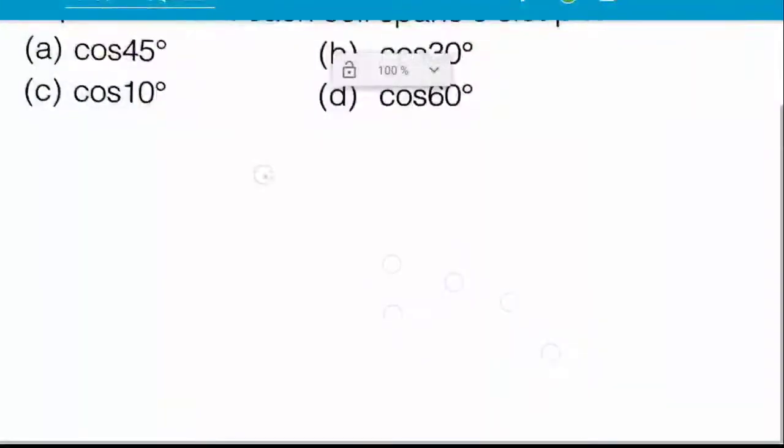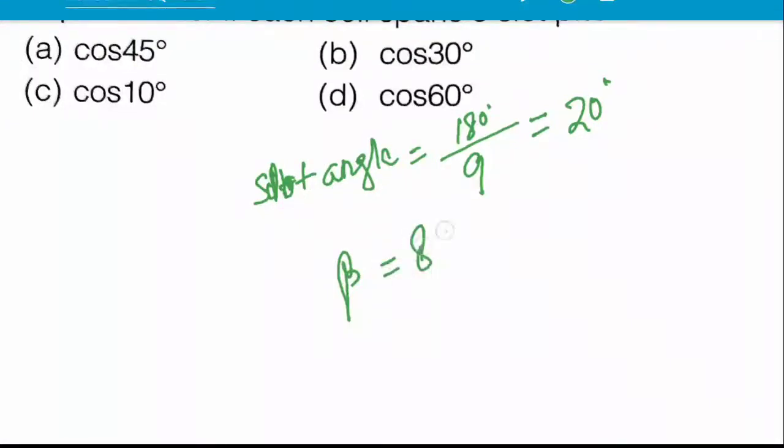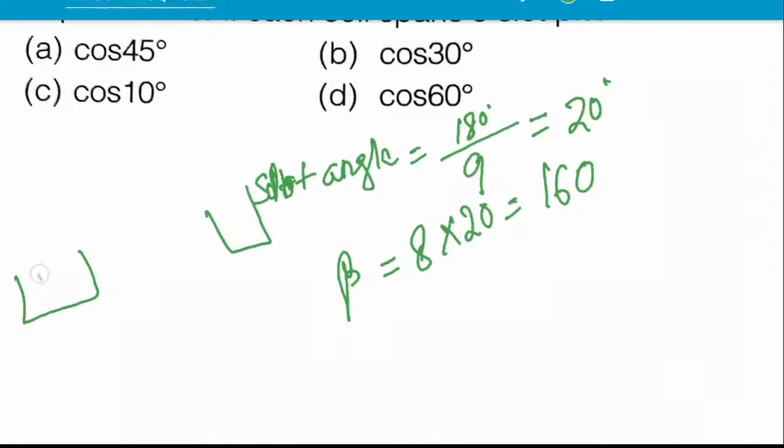The slot angle will be 180 degrees, because from one pole to another pole this will be 180 degrees, divided by 9, because 9 slots per pole are given. So the slot angle will be 20 degrees, and beta is equal to 8 into 20, which is equal to 160 degrees. What is this beta? Suppose this is one pole and this is another pole, this is S and this is N, south and north.